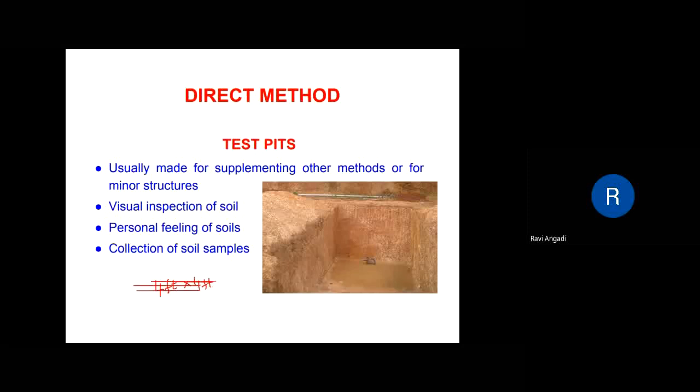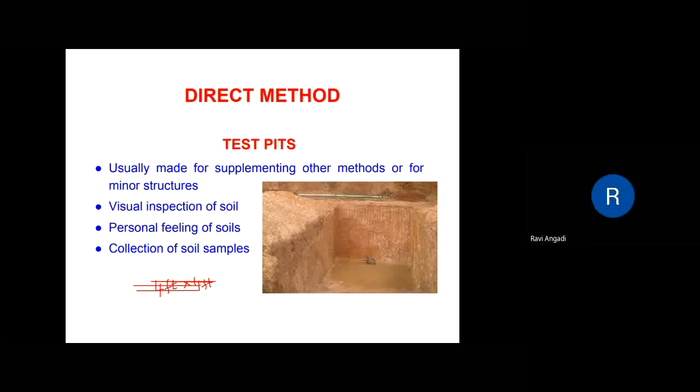As per the codal provision, these dimensions should be present at the bottom of the pit, and the depth of the pit depends upon the requirement of the investigation, as already discussed. What kind of investigation you are doing determines how much depth is to be taken, or what size of pit should be present.